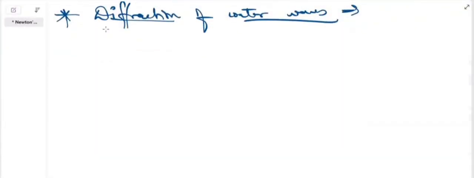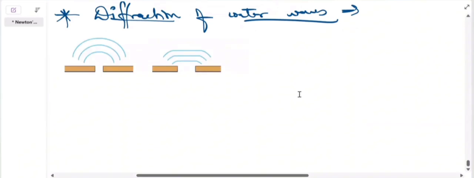Okay, so let me show you that pattern also. Check. This is the diffraction of the water waves. So when the wavelength and the slit width are the same, you will see the maximum diffraction pattern arriving. Suppose from here the water waves are going like this.